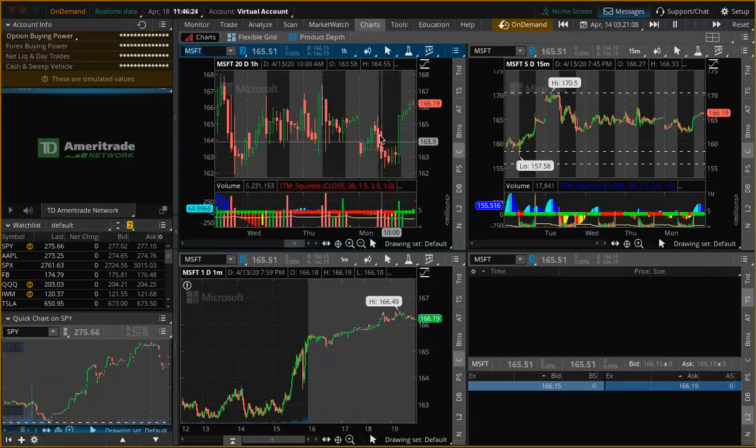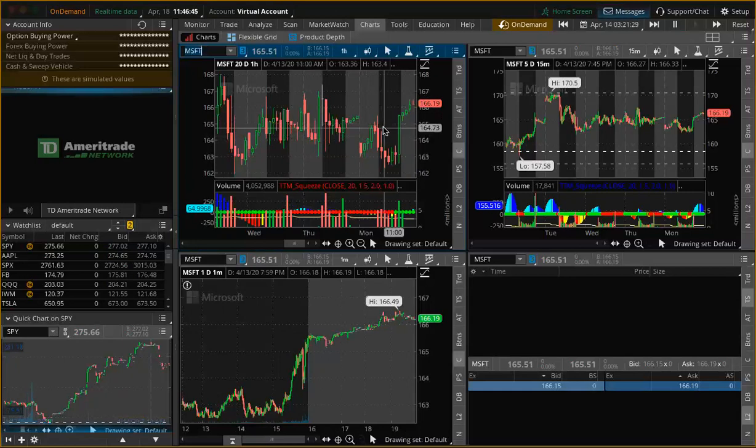Very tricky. It was giving us mixed signals because here you can see the red histogram bars are pointing to the downside below, which if you wanted to play this, I would have played both ways.